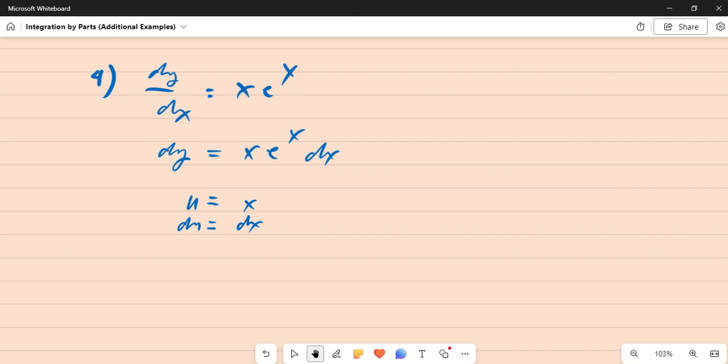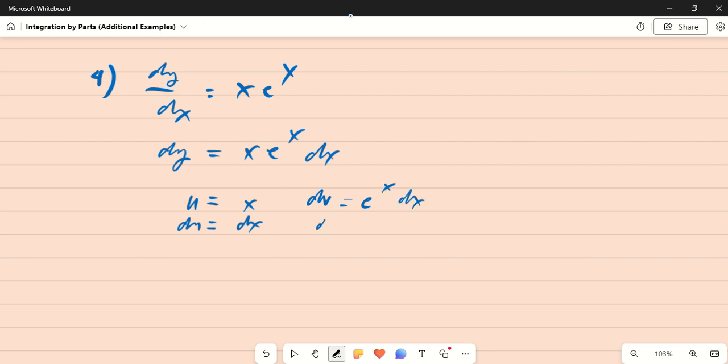Please be careful in choosing the expression that's assigned to u and dv, because there are some instances that your integration by parts formula cannot be used in solving this particular example if you choose the wrong expression for u and dv. So again, here your u is x, your du is dx, and the remaining expression will be your dv, that is e raised to x dx.